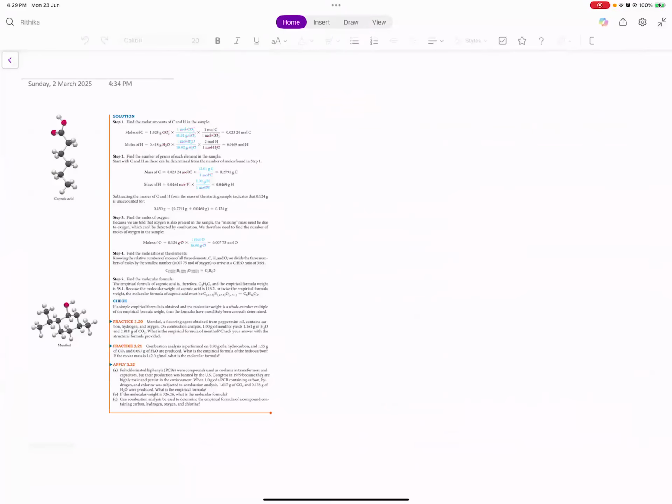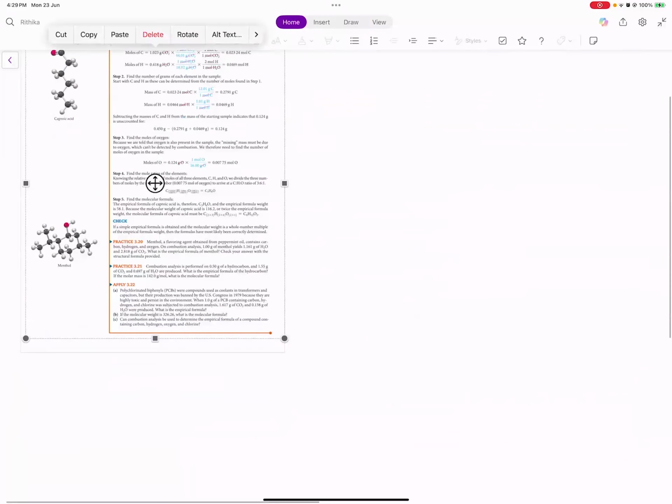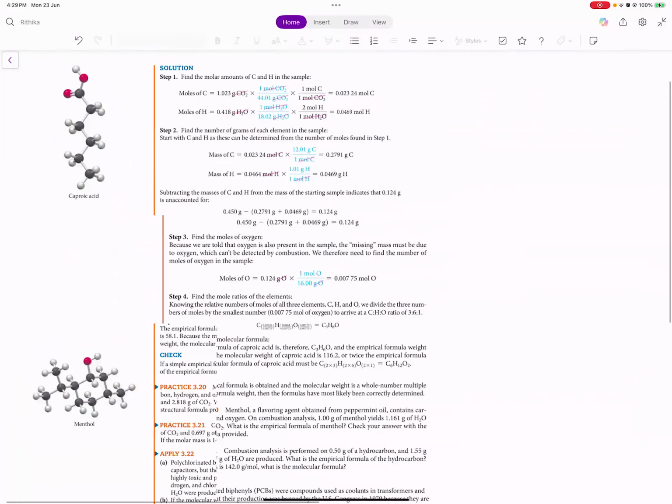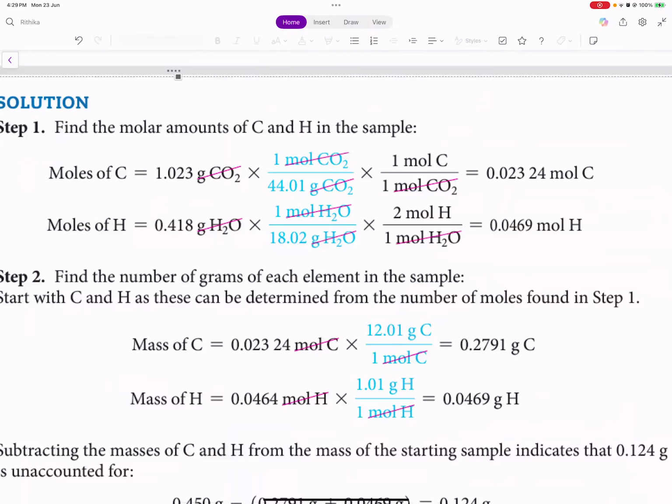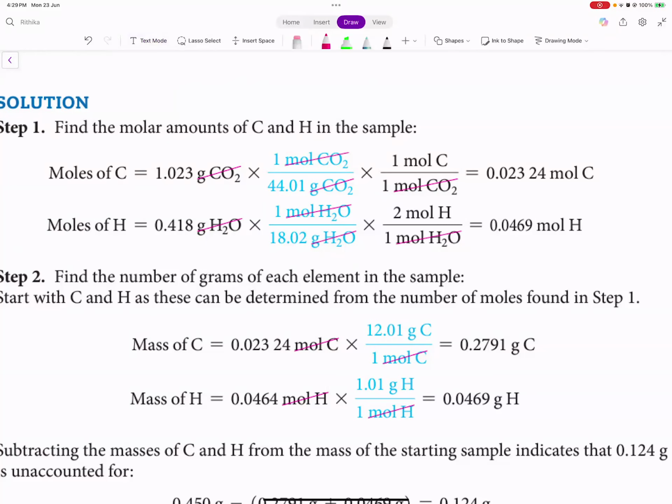So now we have the data. Now what we do is, we have calculated the moles, right? Moles of CO2 is 1.023 by 44 gram per mole. How do we calculate the moles if we know the mass?